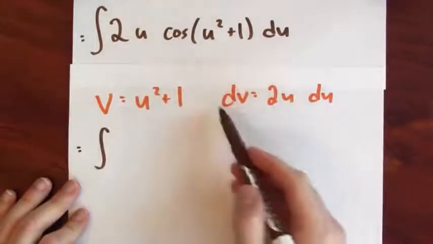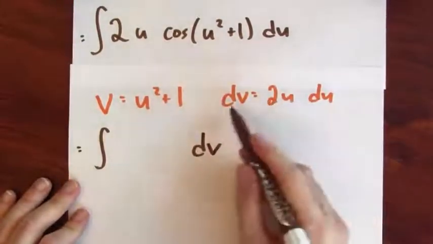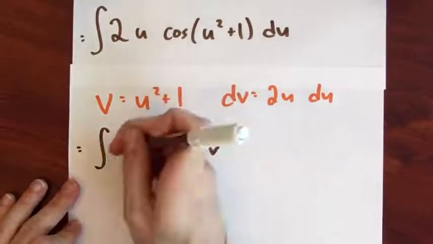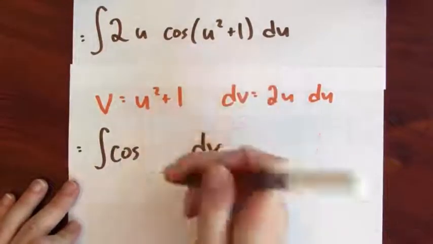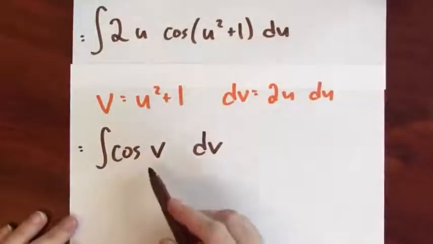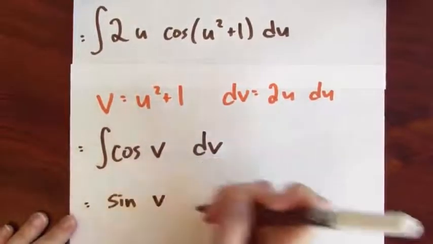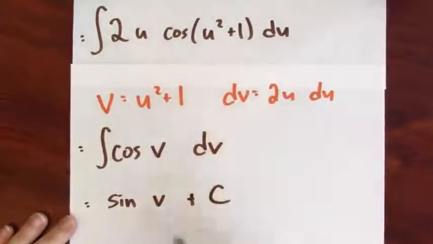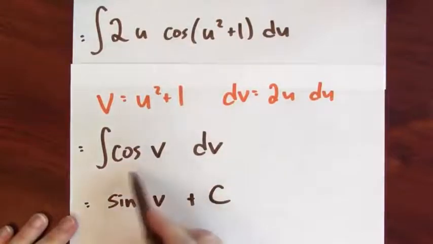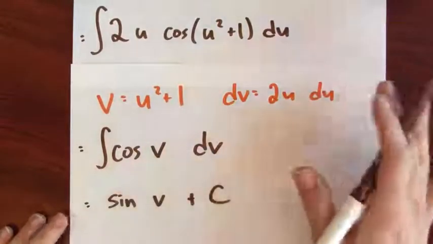2u du ends up being the dv, and I've got a cosine of just v now. Now I can antidifferentiate that, no problem. The antiderivative of cosine v dv is just sine v, and I'll write plus c, because the derivative of sine v is cosine v with respect to v.